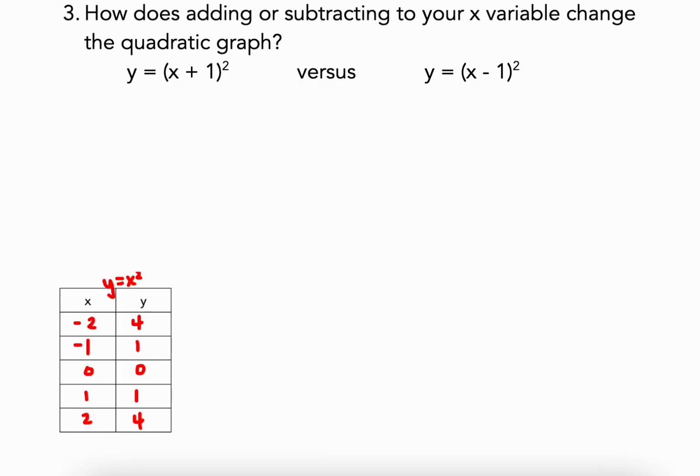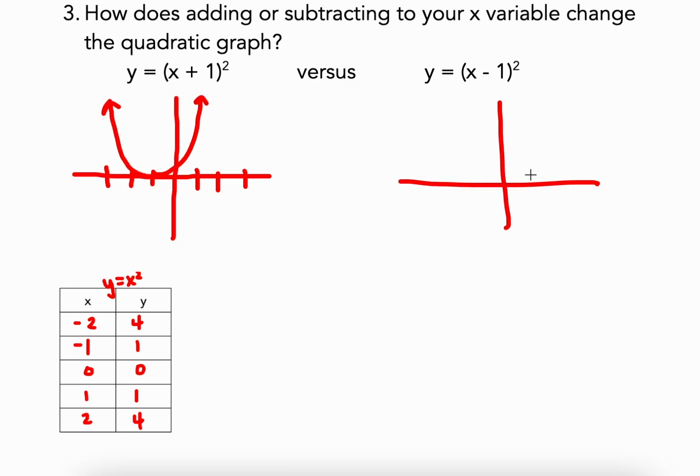Okay, let us add this to our notes. So again, I'm just going to do a quick sketch. x plus 1 squared. Remember, it's +1, so it actually moved in the opposite direction. It shifted over to the left 1 spot. And for x minus 1, it shifted over to the right towards the positives 1 spot.